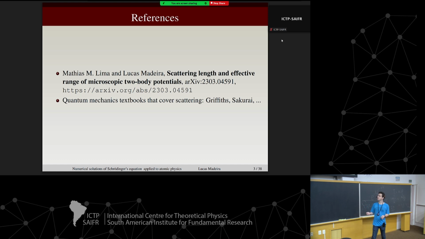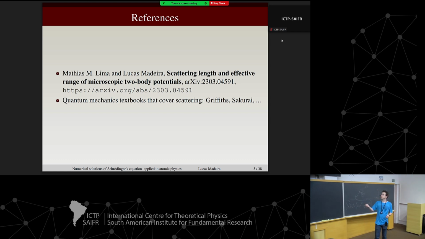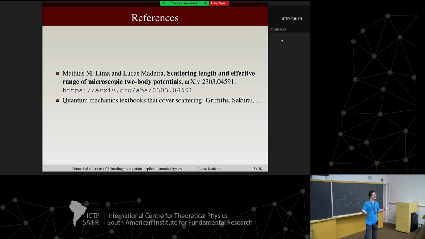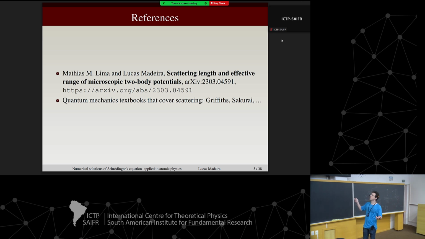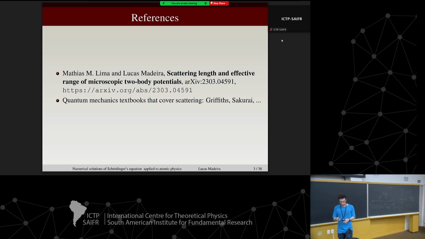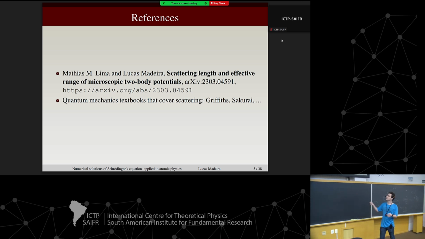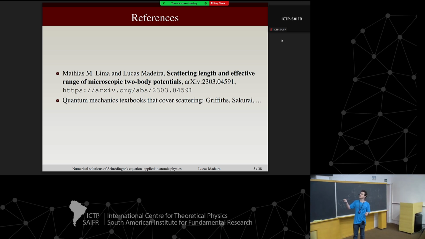I'm going to leave a couple of references here. So pretty much all quantum mechanics textbooks cover scattering. Pick your favorite one. Griffiths does it, Sakurai does it. But recently, one of my students and I wrote a paper which is intended for an audience like you.